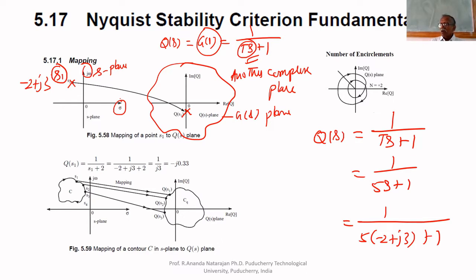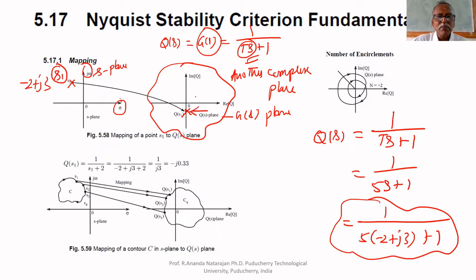To convert this, you will multiply the numerator and denominator by the complex conjugate so that the denominator becomes a real number and the numerator becomes a complex number. That and all you know. So anyhow, what we know is that this is a complex number. This complex number is Q1. S1 is substituted in Q. You got a complex number Q1.